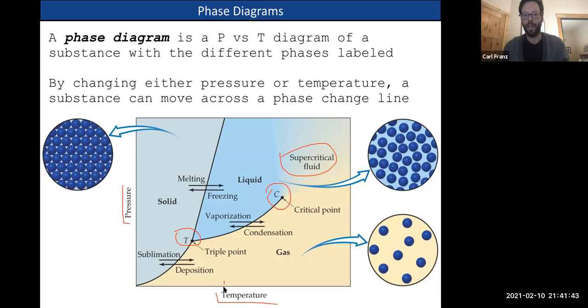And so if you were given a value here and a value around here, you would know that the state is a gas. And then if we said, well, what if we kept the pressure constant and lowered the temperature, right? Well, that means we're going this direction. If we lower it to a certain extent, that process is what? Deposition, right? It's going from a gas to a solid, skipping the liquid phase.